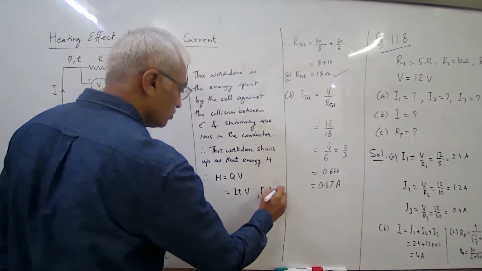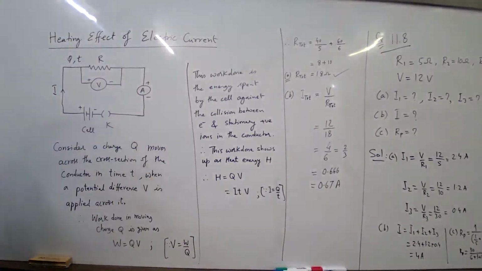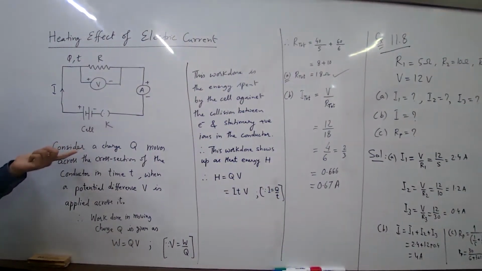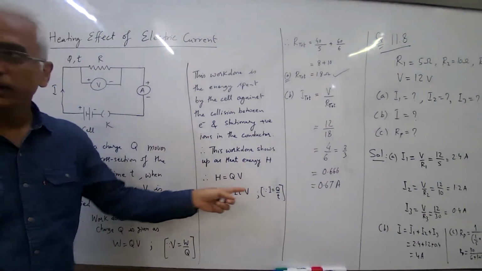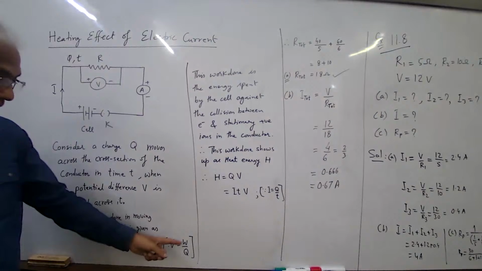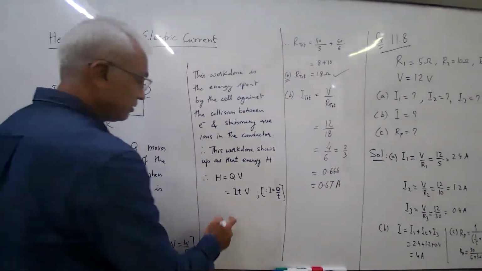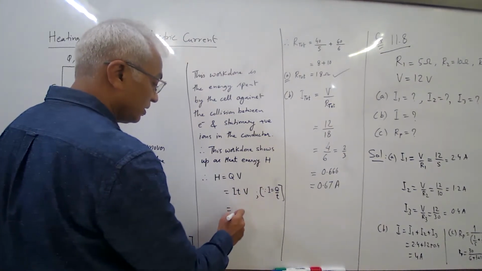Since I is equal to Q by t, Q will be IT. Just as W became QV. And by Ohm's law we can write V as IR.